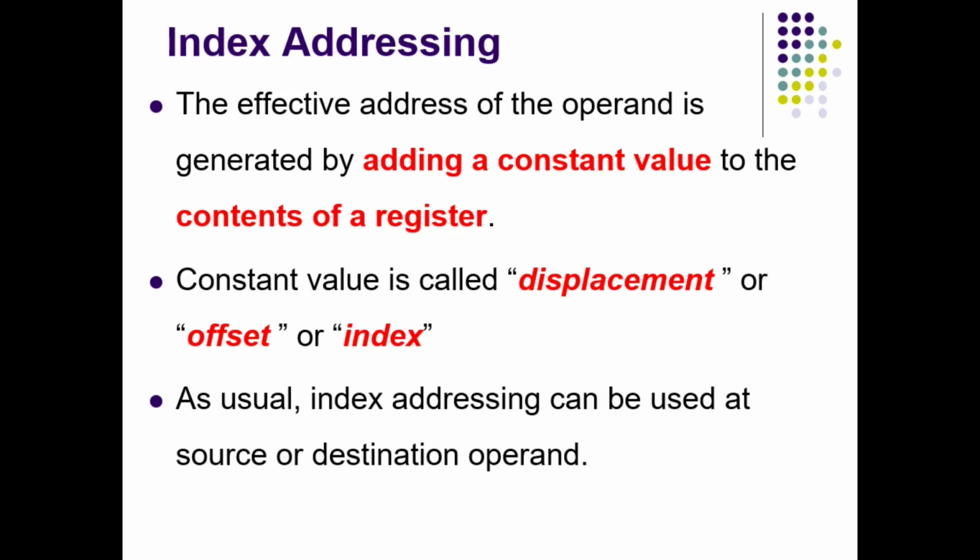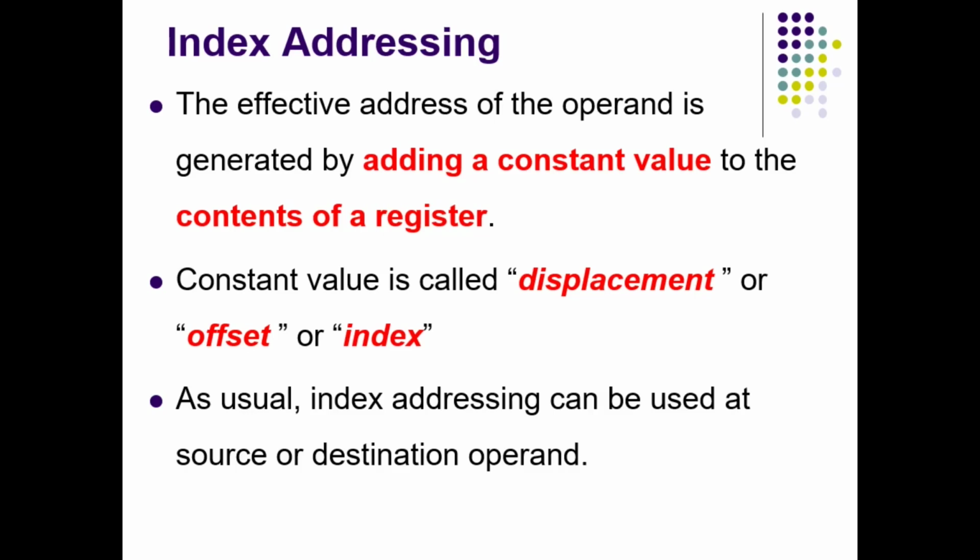That means that constant value has to be added to the content of the register so that we can find out the actual variable address. That constant value we add to the register content to find the effective address is called displacement or offset or index. So that's why it is called index addressing mode.